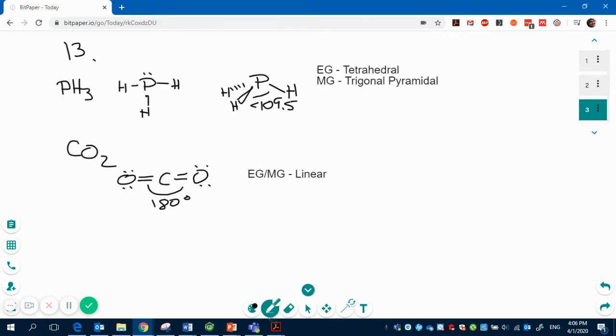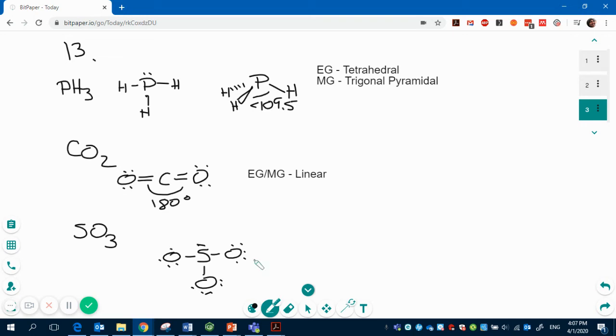Next, SO3. SO3 has a Lewis diagram that looks like, let's see. We start with this, right?